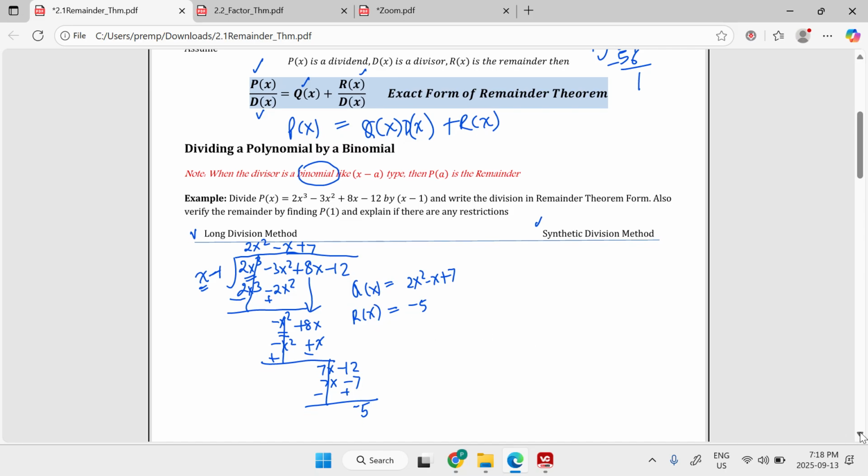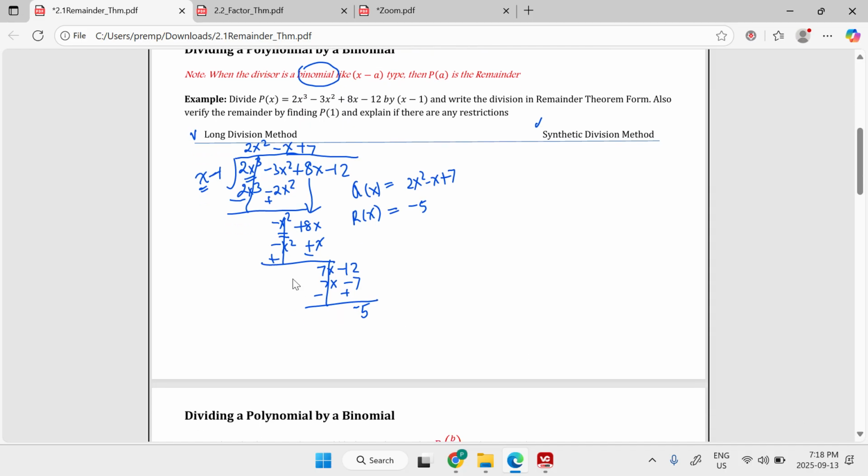If I have to write this expression in terms of the remainder theorem, we say 2x cubed minus 3x squared plus 8x minus 12, divided by x minus 1, should be equal to 2x squared minus x plus 7, which is our quotient, plus the remainder, which is negative 5, over the divisor x minus 1. Or you can say this plus and minus just makes minus.